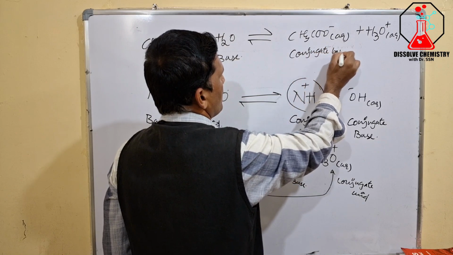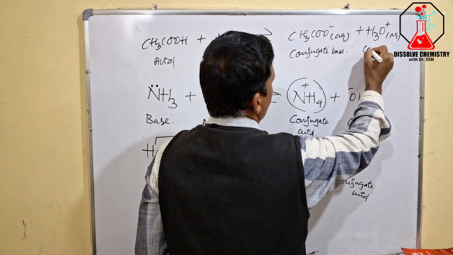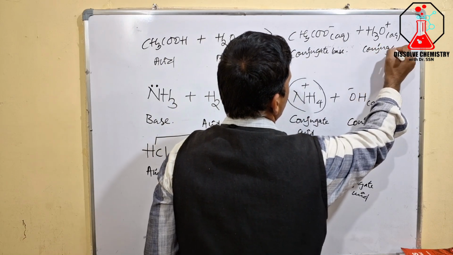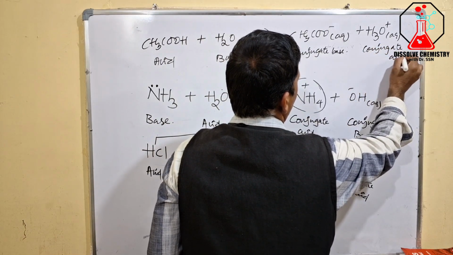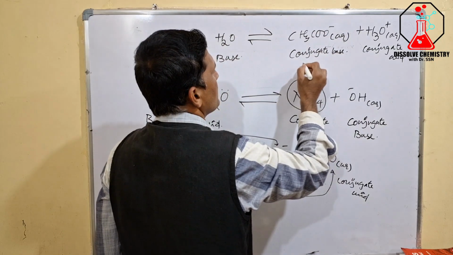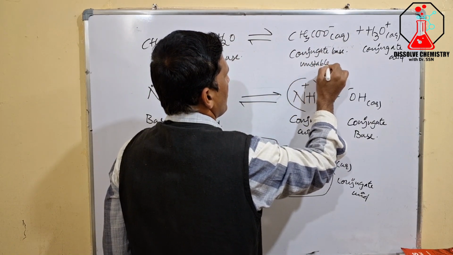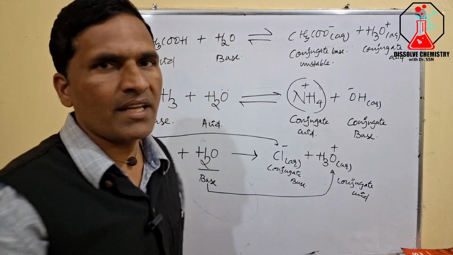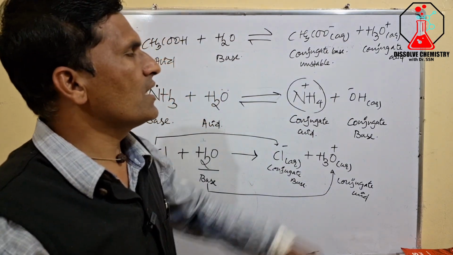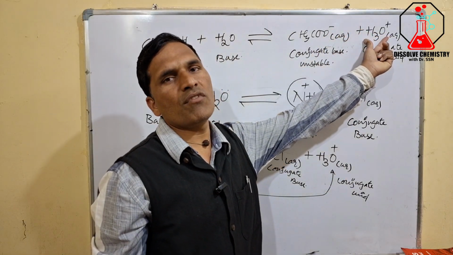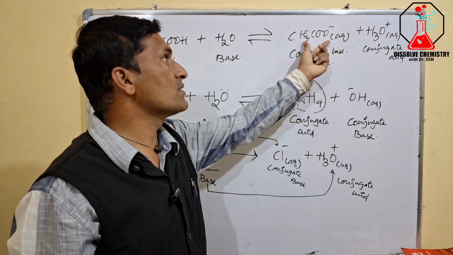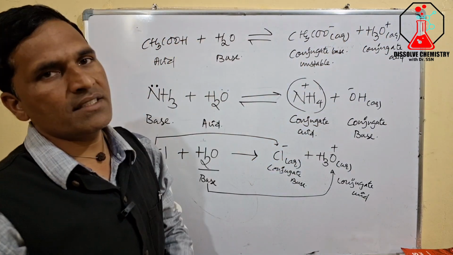Okay, and here H3O plus is the conjugate acid. Now, as this conjugate base is unstable, its stability in water is very less, so generally it will take back the proton from the H3O plus to form acetic acid.